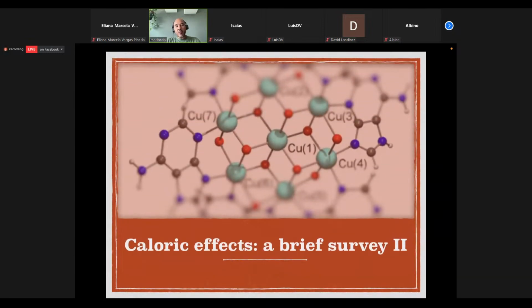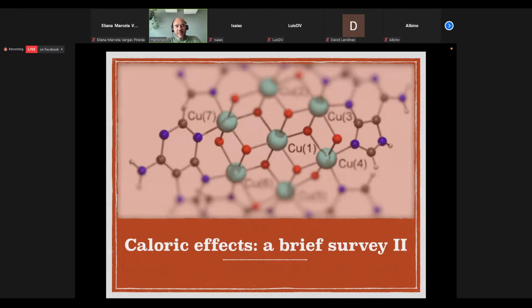Okay, I concluded here the first survey just to introduce these materials. And considering the community for today, it's a community of magnetism and condensed matter, but probably most of you already heard about caloric effects.